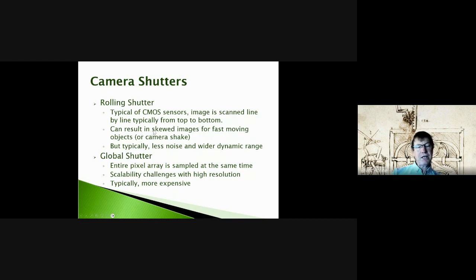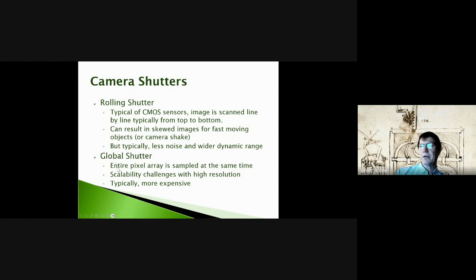If you're imaging a very fast-moving object, or vice versa, you've got a lot of camera shake because it's on a vibrating platform or something like that, then because the image is scanned line by line, the light image can change while you're scanning it, and you can end up with skewed images, right? But typically you're going to end up with less noise and wider dynamic range. So there's always trade-offs, right?